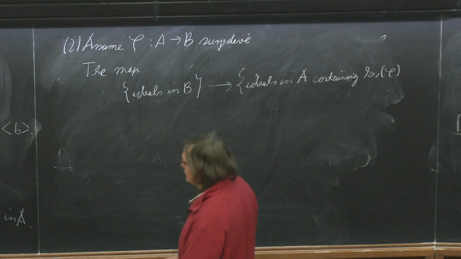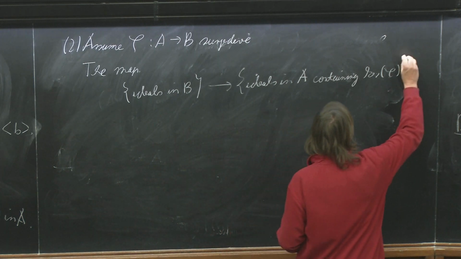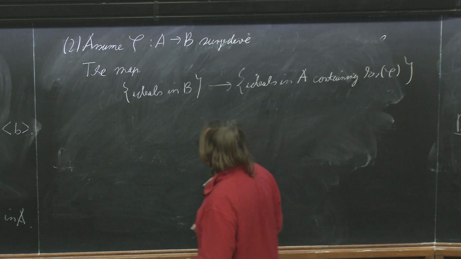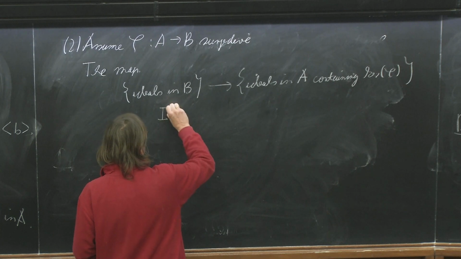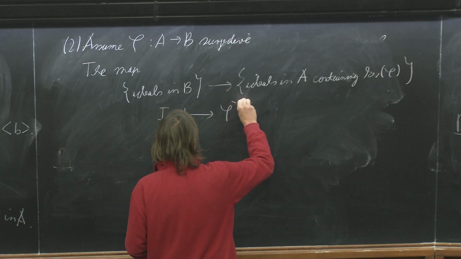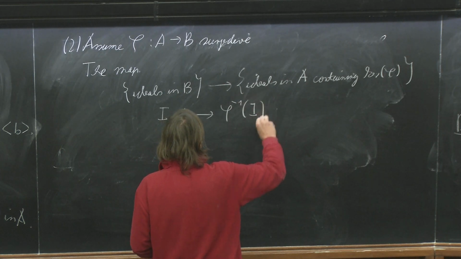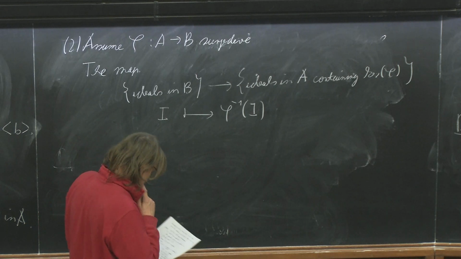the kernel of phi is the inverse image of 0. Hope I wrote it. So which just sends our ideal I to the inverse image of I is a bijection.